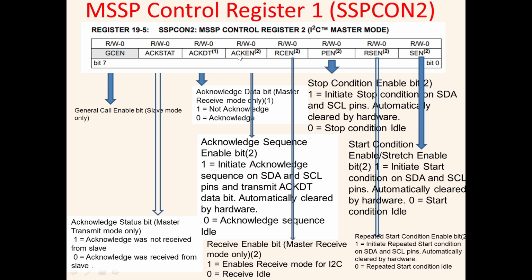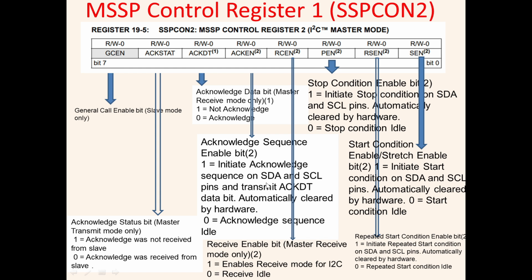Next is the acknowledge sequence enable bit. This acknowledge sequence bit can be initially loaded to initiate the acknowledgement sequence on your SDA and SCL pins. In that way, all these acknowledgements will be initiated and your acknowledge DT data bit will be transmitted by hardware on these two lines.